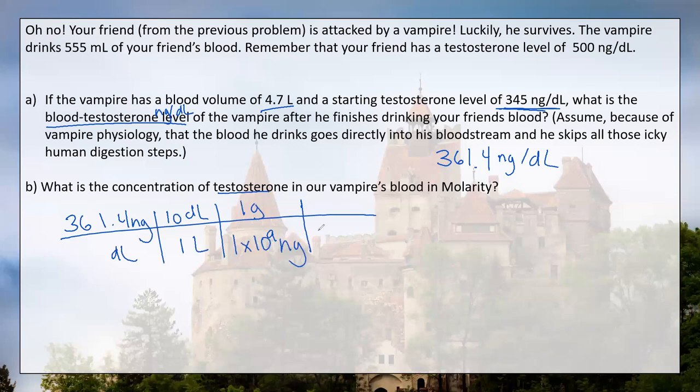It's the only compound here, so I'm not writing testosterone. 288.431 grams per 1 mole. And then we can check to make sure that what we get at the end comes out as molarity. So deciliters are out, nanograms are out, grams are out. We're getting moles per liter. I'm not crossing out mole. I'm affirming that the mole is the unit on top and that liter is on the bottom. And I get 1.25 times 10 to the negative 8.